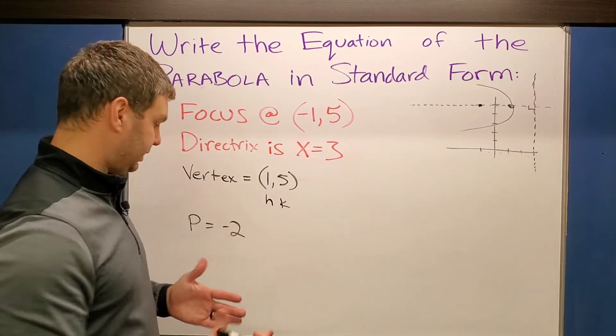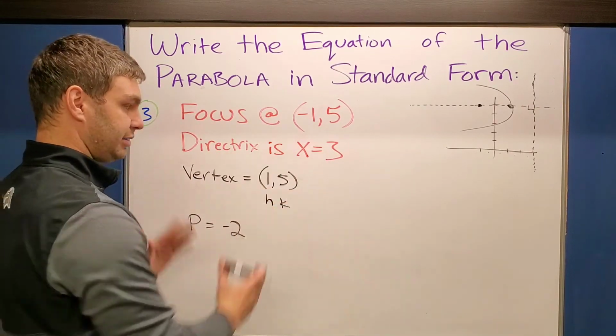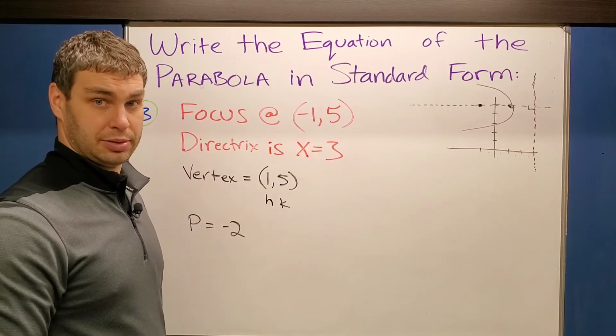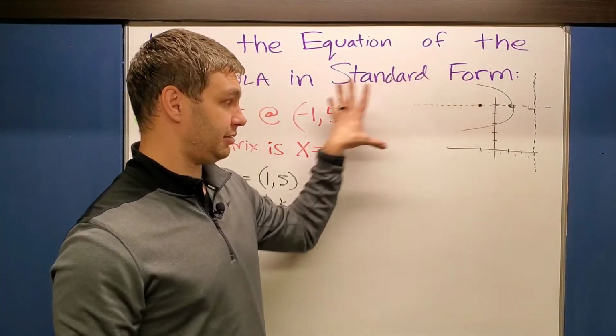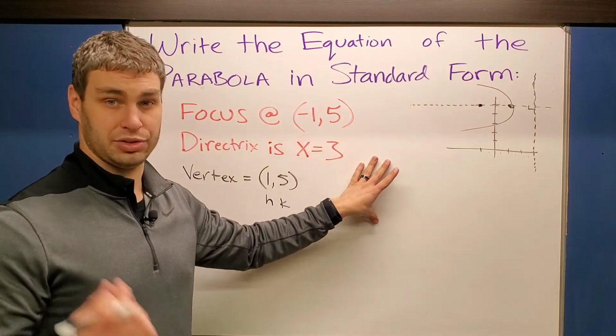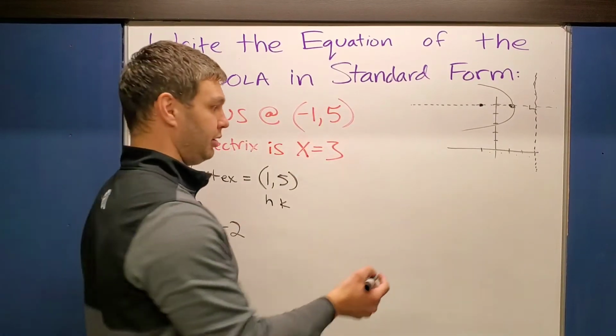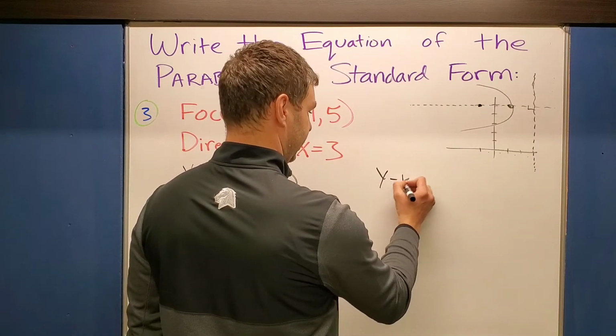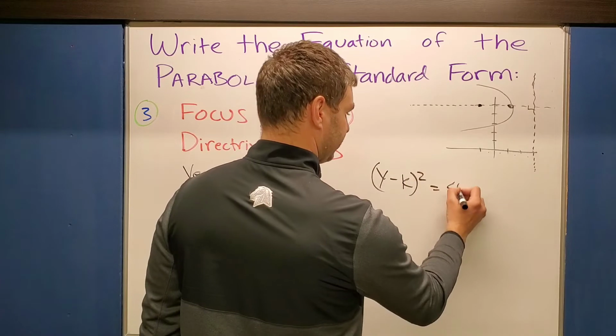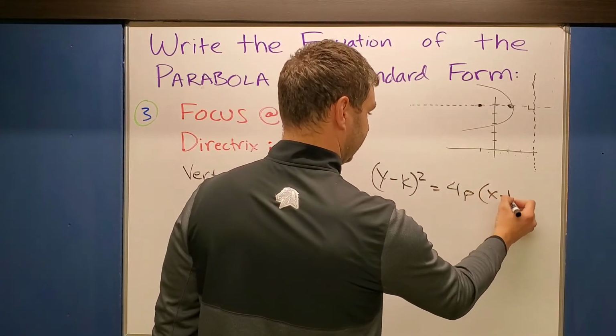And then because I have a P and the vertex, that should be enough to write the standard form of this equation. We just have to remember that since this is opening left or right, in this case left, this is going to be one where the y values are written first, and those are the ones that are squared. So the standard form usually is y minus k, quantity squared, equals 4p times the quantity x minus h.